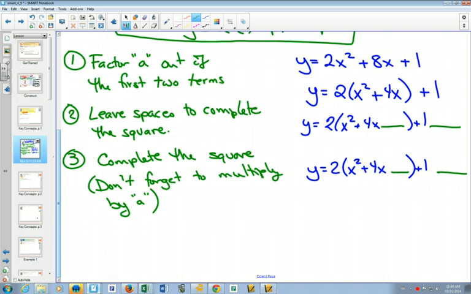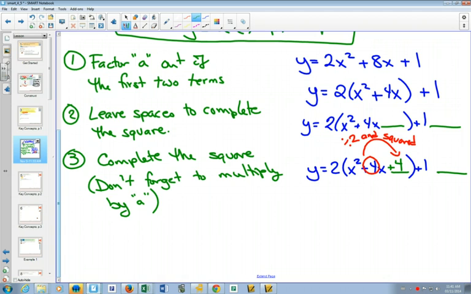Now we remember from completing the square that this number, you got this number by taking this number here, you divided by 2, and then squared it. Remember that? The pattern that we noticed, that number gets divided by 2, half of 4 is 2, and when you square 2, you get 4. So there would be a 4 plus 4 going into that space. I've now created imbalance in my equation because I've added something to that side. How much have I added to the right-hand side when I put a 4 in there?